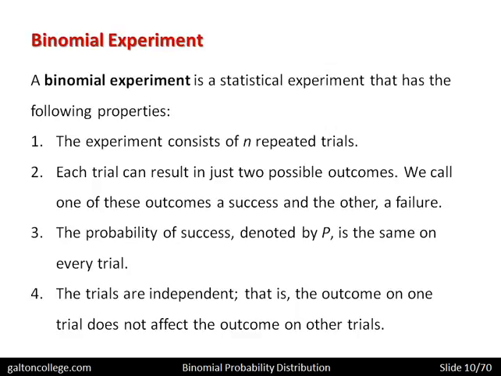And that's not because the coin is biased or we're doing something wrong. It just means there is a probability. On every toss of the coin, the probability is 0.5 that it will come down as heads. So it could come down as heads every time we toss it 100 times or even more. So the trials are independent. The outcome of one trial does not affect the outcome of the next trial.